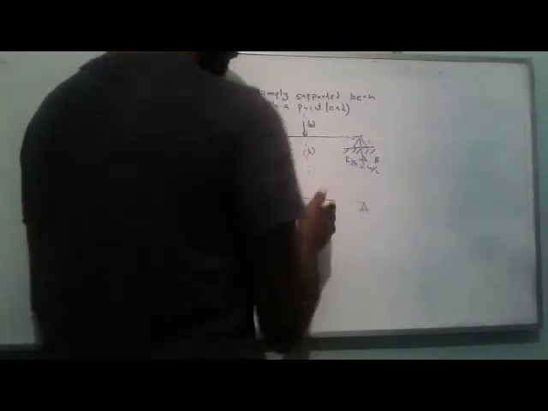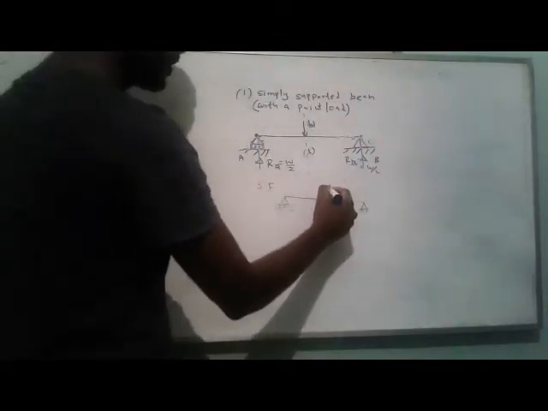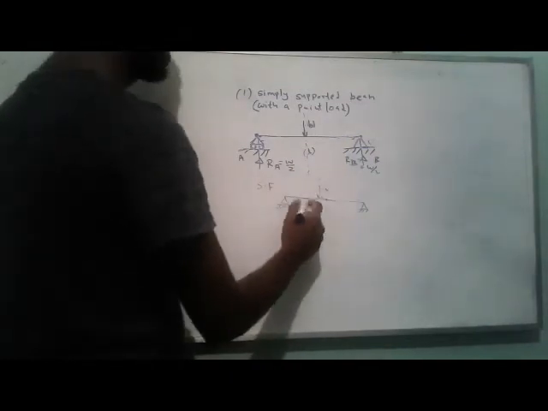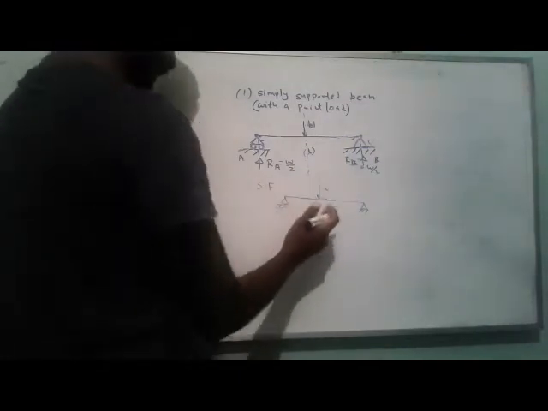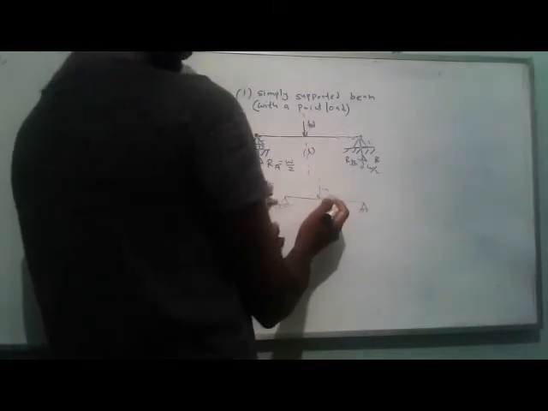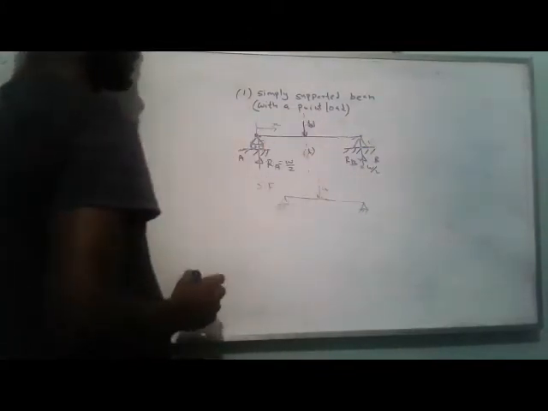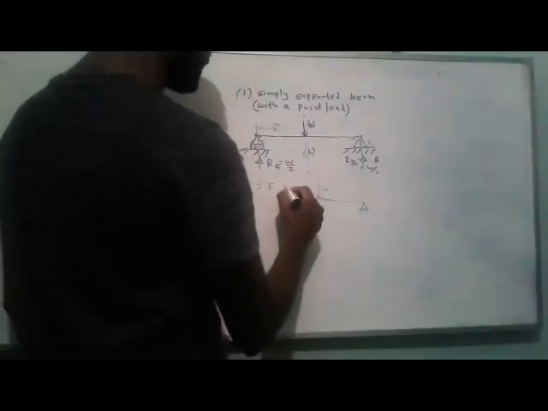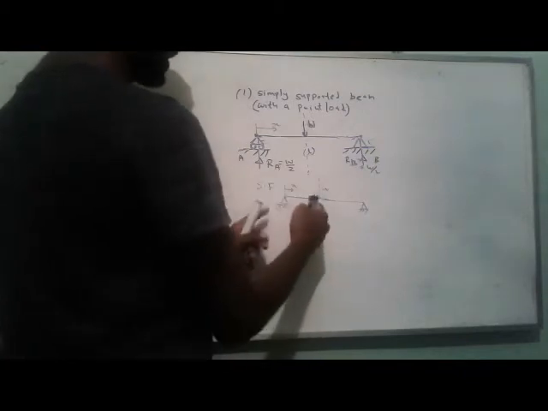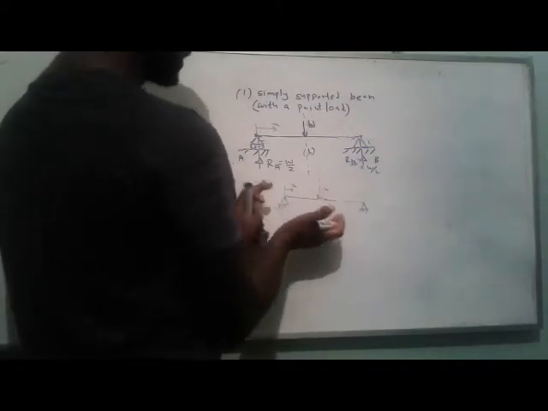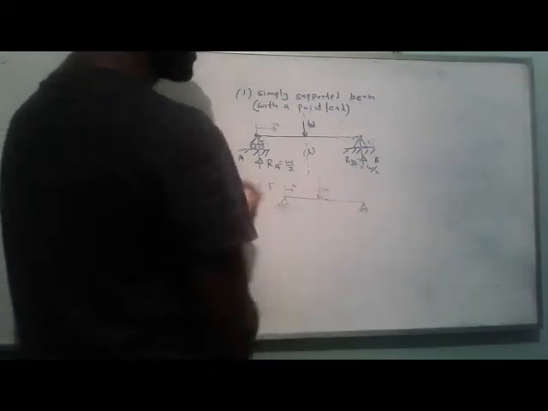This is a load W. Due to this W load, the section is divided into two, the LHS side and the RHS side. We measure X from here. So this simply supported beam is divided into two by W.